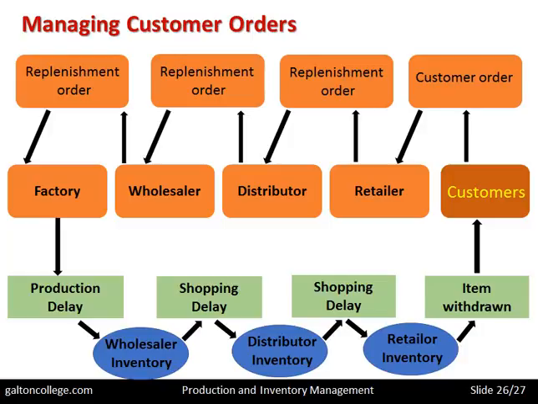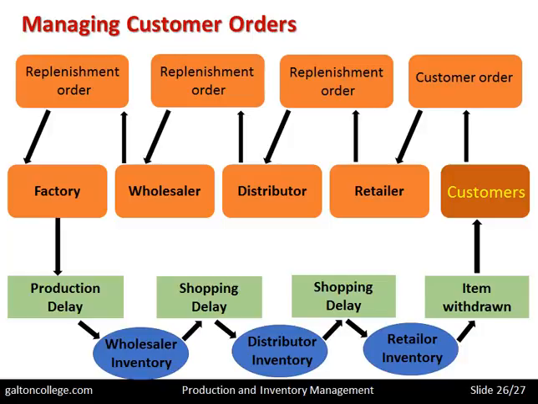So the wholesaler will place an order with the factory, and the factory may be out of stock, so has to start to produce it. There are various delays in the system, but eventually the customer will receive the car. The item is withdrawn from inventory and given to the customer to satisfy the customer order.